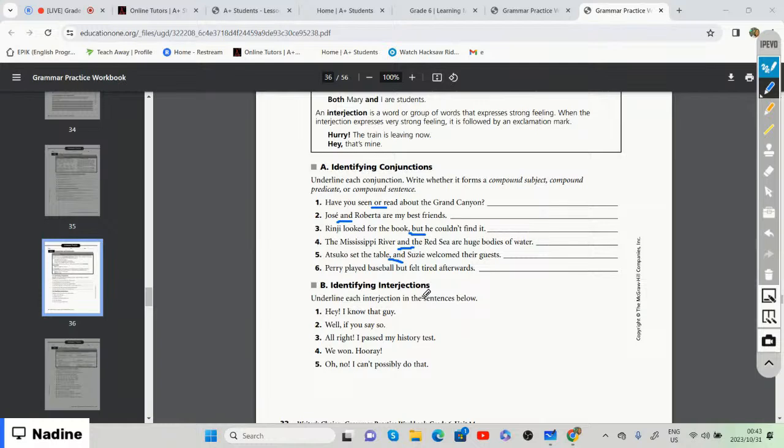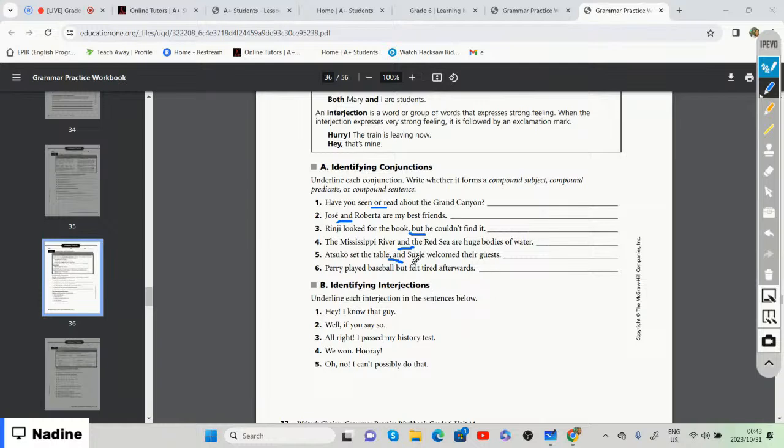And then Perry played basketball but felt tired afterwards. So now we need to select the coordinating conjunction.